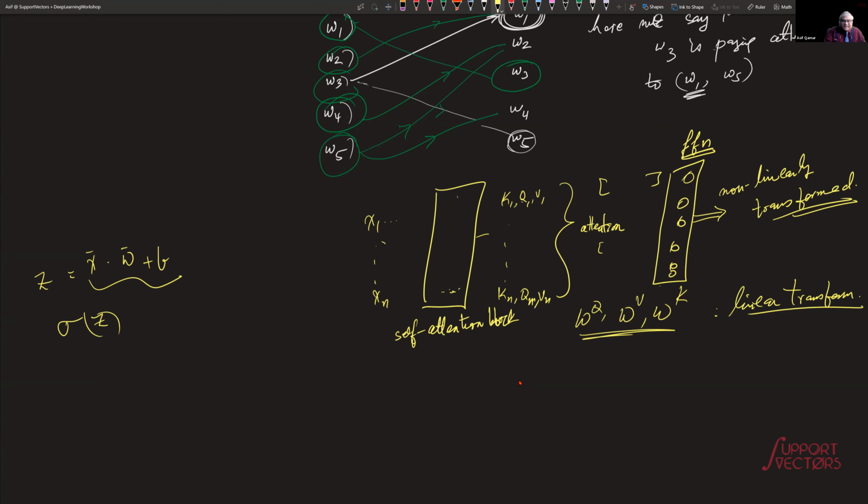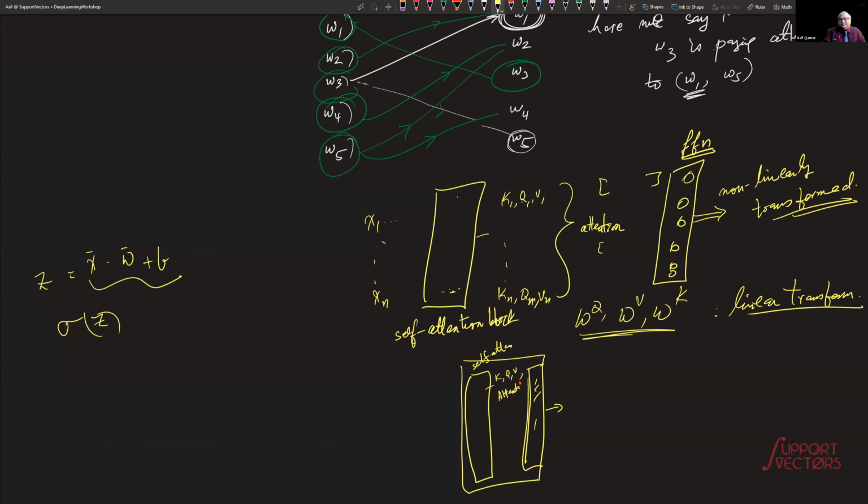So one attention block is made up of two sub-blocks. One is this self-attention part. It produces your K, Q, V, and finally the attentions, right? And then you pass it through the feed-forward network.